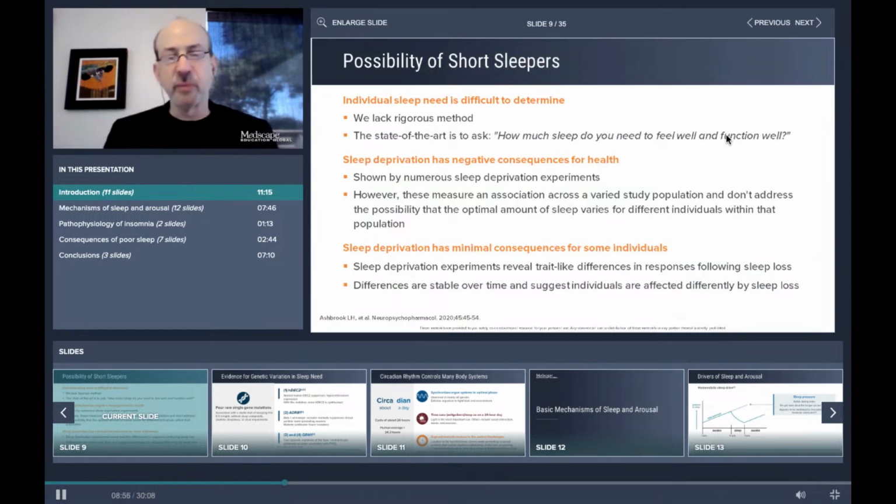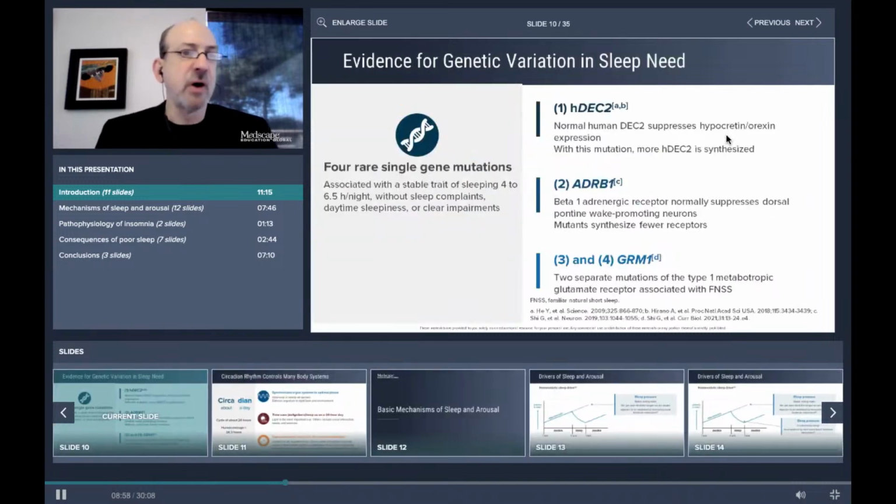And relatively recently, there's been a development that suggests that there are probably some people who don't need as much sleep. Our group has found 3 different genes with autosomal dominant single gene mutations that confer the need for less sleep than everybody else. These are people who sleep 4 to 6.5 hours a night. They have no complaints. They're functioning well.